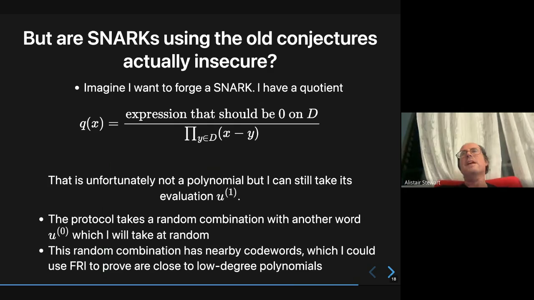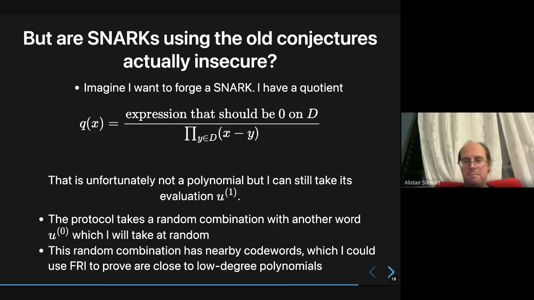You have a SNARK, you want to prove some polynomial expression vanishes on some domain, and then you're sound, but otherwise you can get something unsound. So now you have something which is a rational function and not a polynomial. But if you're taking some linear combination of that with other words, say random words, this gives you something which is a combination of something that's far, and under previous assumptions, it should be far.